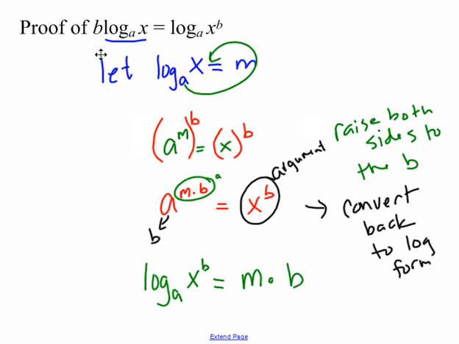Okay, again, you might want to just check it. I always have a little bit harder time going from exponential to logarithmic, but if I just throw that visual in there for you, a to the m times b equals x to the b. That turns it right back in there, so I can see that I did convert it to logarithmic correctly.